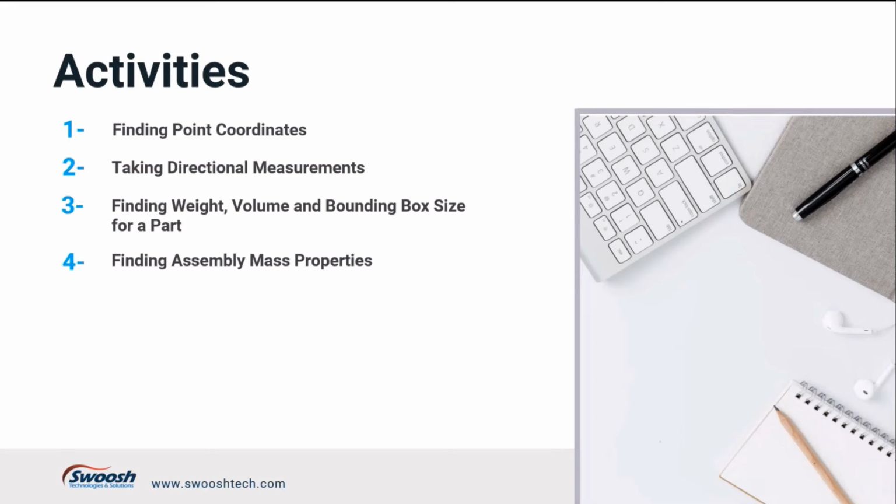We're going to be taking a look at the basic mass properties of a part and finding the weight and the volume. Volume is getting more and more critical these days because of the popularity of 3D printing. People need to know how much material they're going to use. Something else that is also helpful for 3D printing is finding out the bounding box size.